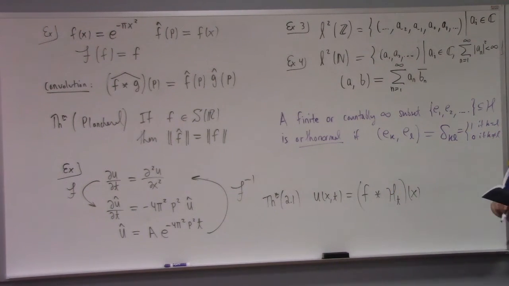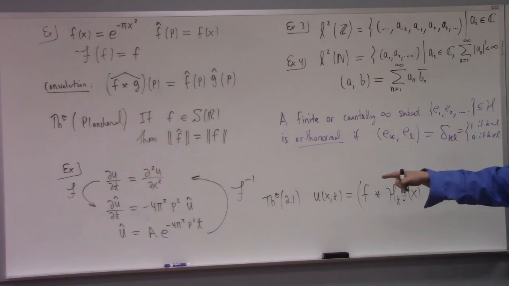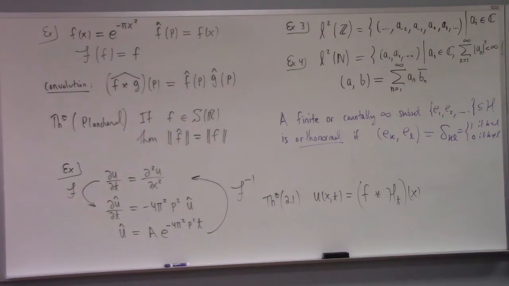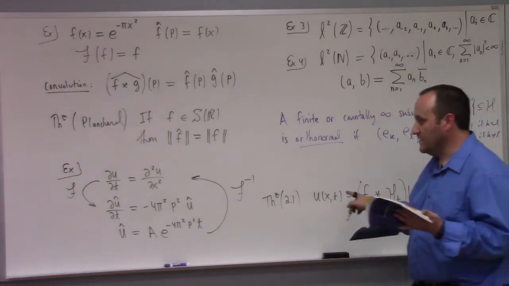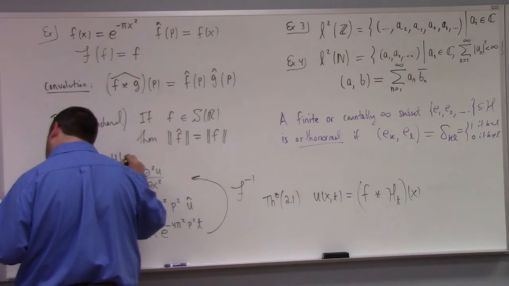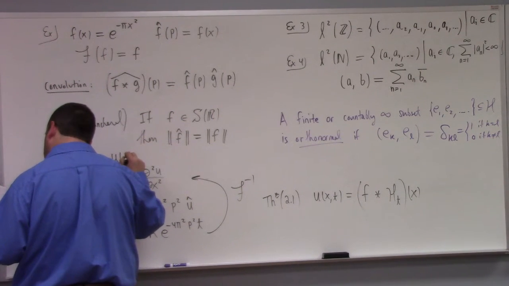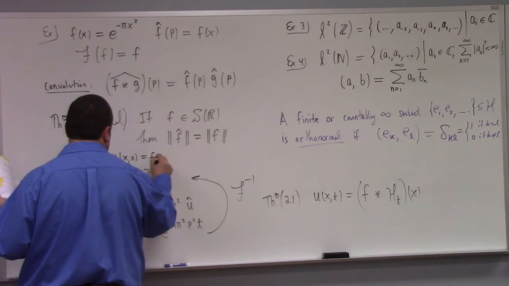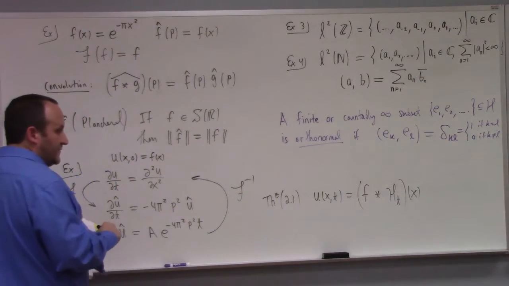This solves the heat equation, but this is coming from taking the inverse Fourier transform of that u hat, truth be told. And if you're wondering what f is, you're given that u of x, 0 is equal to f of x. That's the initial temperature distribution for the heat equation.